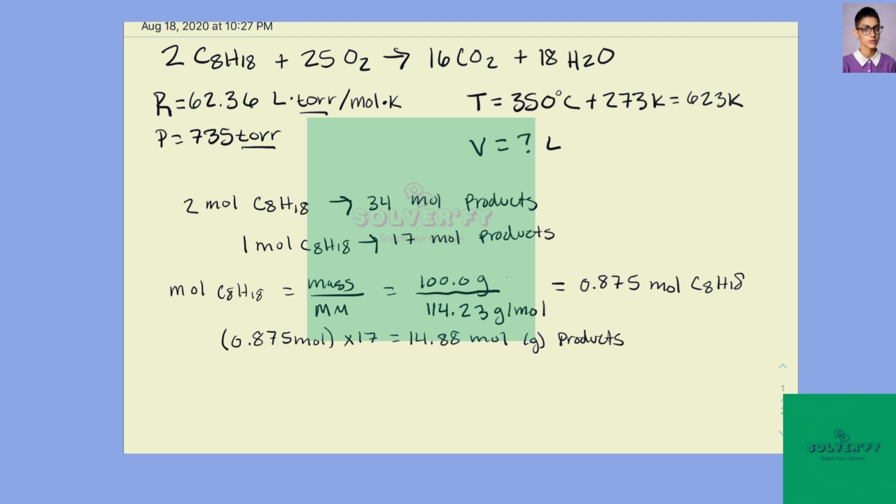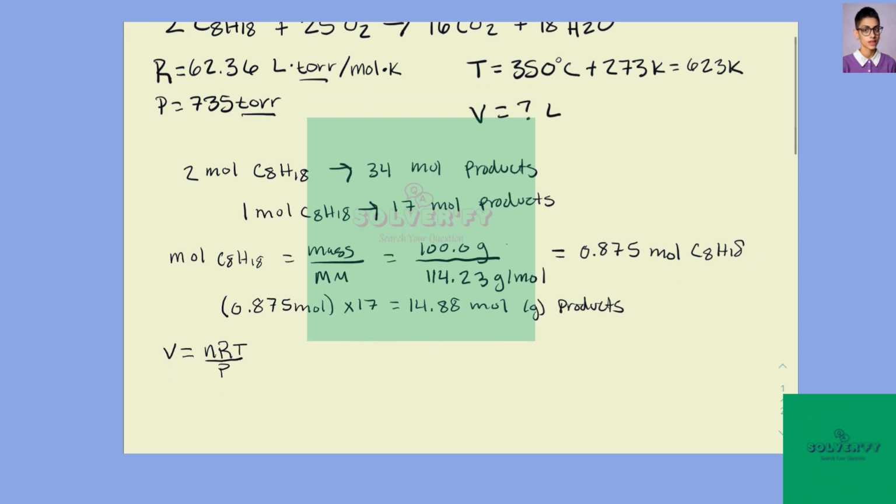Alright, so when we use our PV is equal to nRT, we know that we're looking for volume. So V is going to equal nRT over our pressure. So if we just set everything up, V is going to equal 14.88 moles. We're going to use our R value, which is 62.36 liters torr per mole Kelvin.